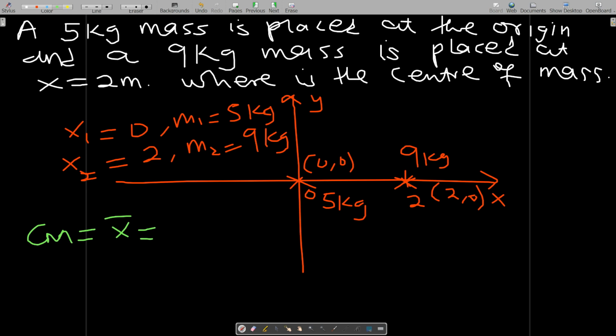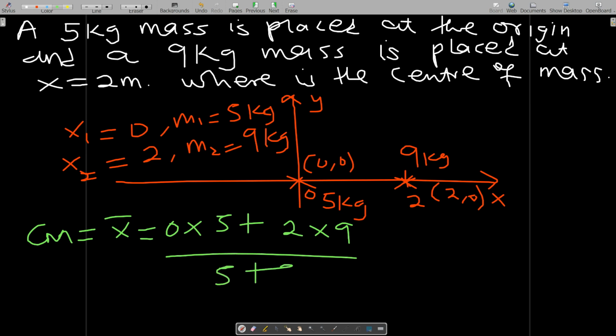Okay, the first x component was 0 times the first mass, and that is 5, plus the second x component is 2 times the 9 over the total mass, which is 5 plus 9, and this is equal to what? 2 times 9, which is 18, over 5 plus 9, which is what?